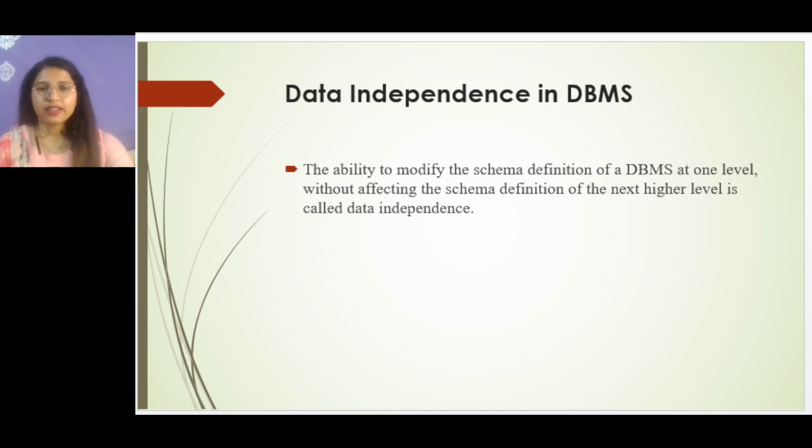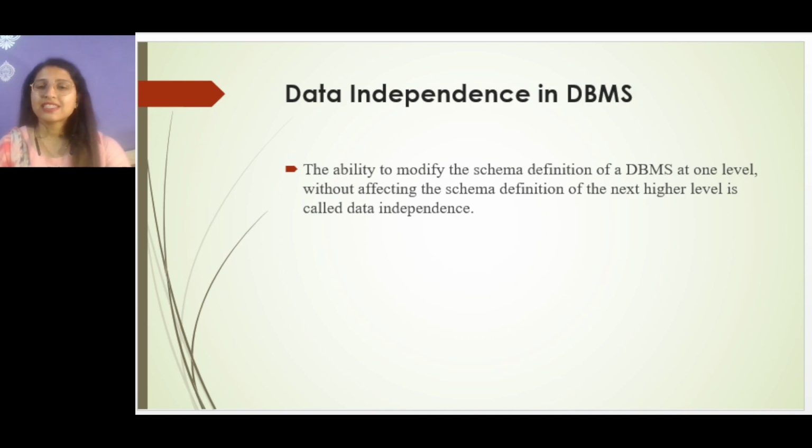Data independence is the ability to modify the schema definition of a database at one level without affecting the schema definition at the next higher level. Whatever changes you make at the physical schema or at the conceptual schema, the higher level will not get affected.